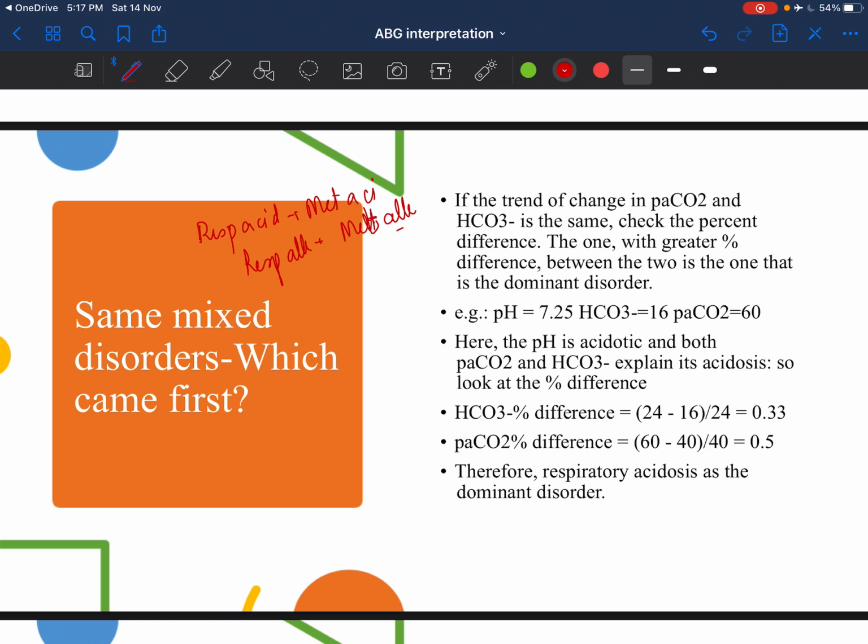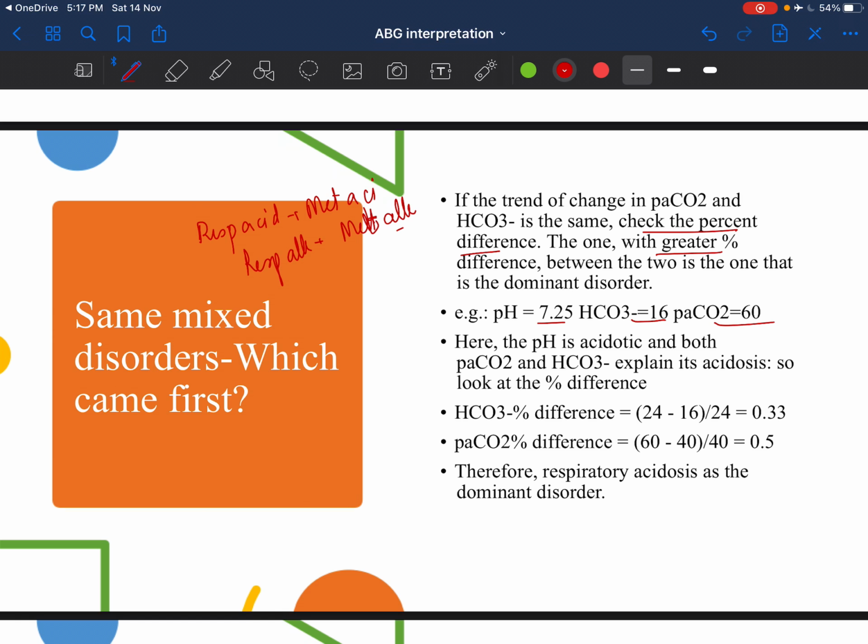If that is the case, you can check for percent difference. The one with the greater percent difference between the two is the dominant one. Here, in a case example, pH shows acidosis, bicarbonate is less, acidosis, PaCO2 is more, again acidosis. So, all are acidosis, but which is the dominant one?